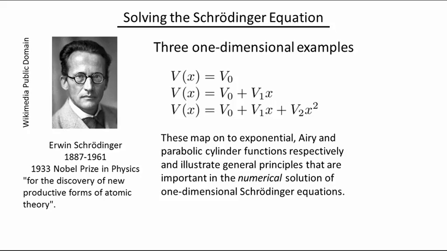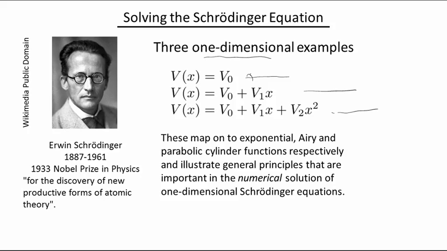So in this part of the lecture, we're going to stick with one-dimensional examples, and we'll look at a constant potential, a linear potential, and I guess it'll be in the next part with this quadratic potential.